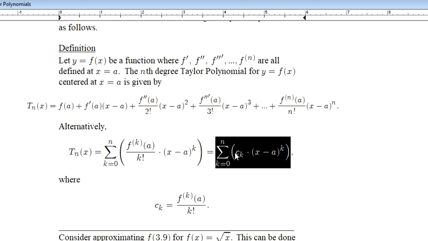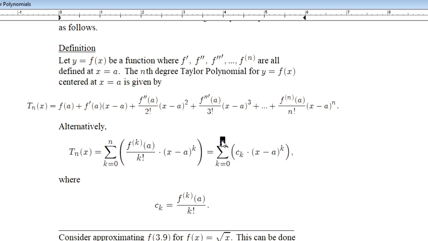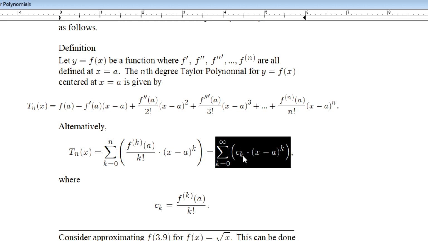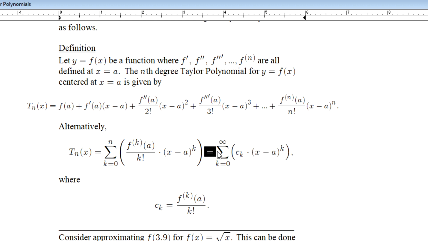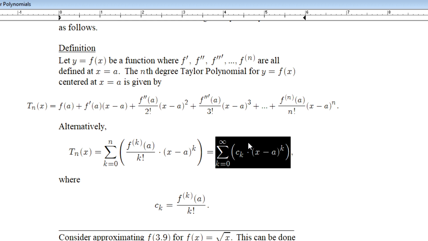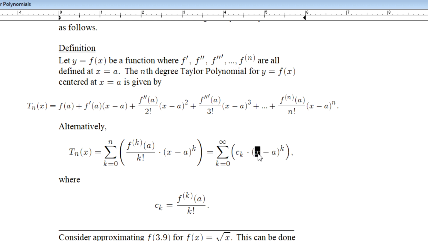But the Taylor series is what's more specifically known as a power series. And if we look at this alternative format here that I've highlighted, if I set that upper bound equal to infinity, in general, a series that looks like this is known as a power series. It's a series that is a bit more functional in its description. It involves x being this independent variable raised to some power, right?